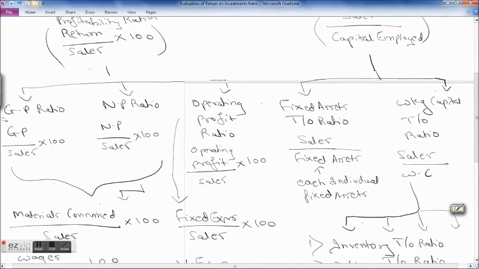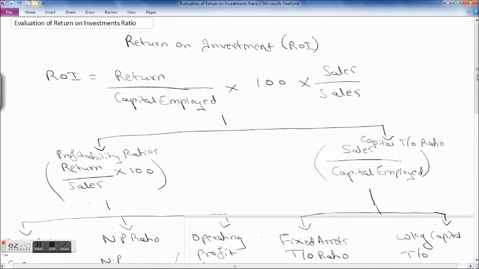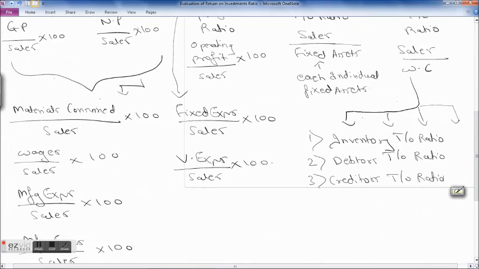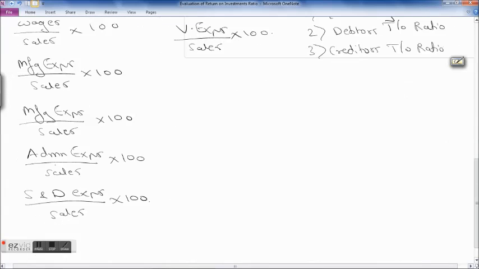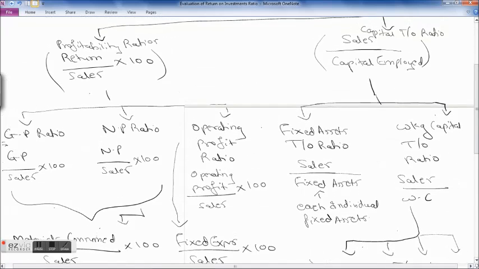So once you find out the return on investment, you can bifurcate it into two: profitability ratio and capital turnover ratio. And for each profitability ratio there is a component like gross profit, net profit, operating profit. You can find out all these ratios, compare them with the industry standard, and evaluate how your business is performing.